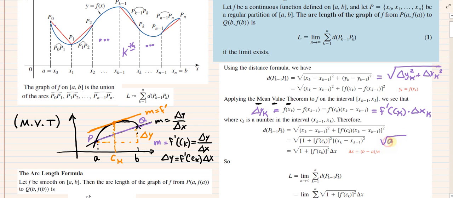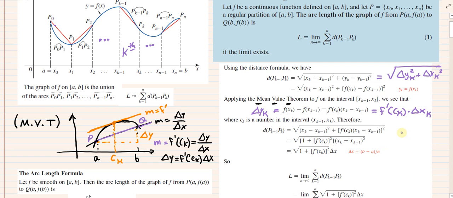Here we're using the multiplication rule of radicals. Root a times b is root a times root b. So we can actually take the square root of that portion separately. And once we do take the square root, it becomes just delta x. Okay, so that's that part. And the other part of it, 1 plus f prime at c sub k squared, remains inside the radical.